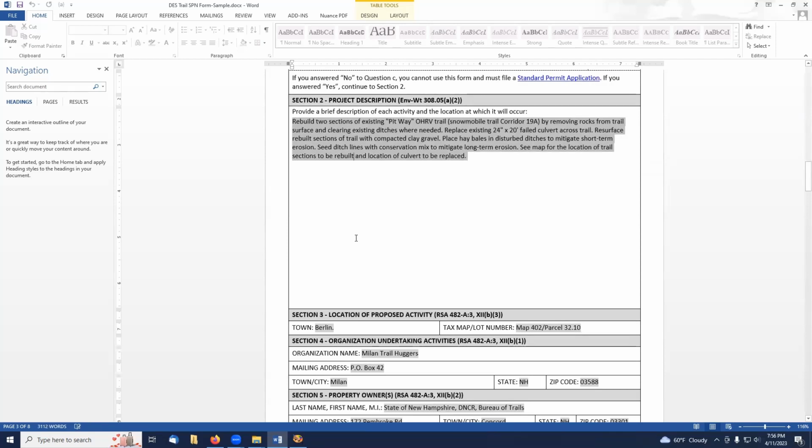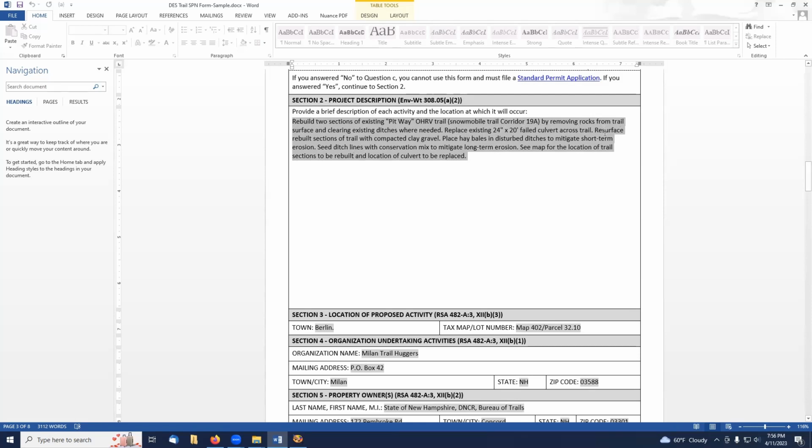Section 2 is our project description, okay? And so again, I've given you a sample here. Rebuild 2 sections of existing pitway OHRV trail called Snowmobile Trail Corridor 19A by removing rocks from the trail surface, clearing existing ditches where needed.